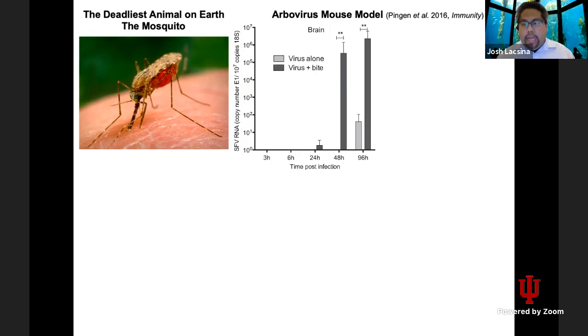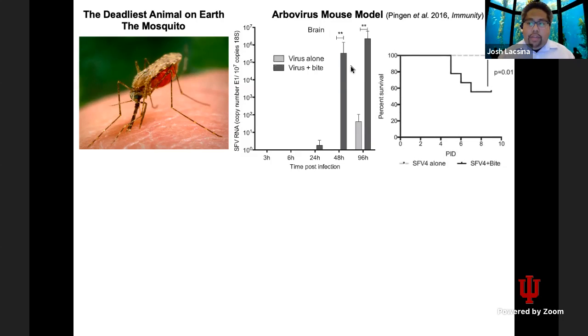So not only does it enhance the dissemination of the virus, but it also converts a strain of this virus from one that doesn't cause any death to one that is lethal in 50% of animals. This increased death is due solely to the presence of a mosquito bite. So something really important is happening here.